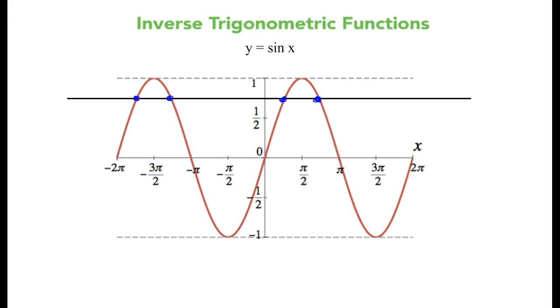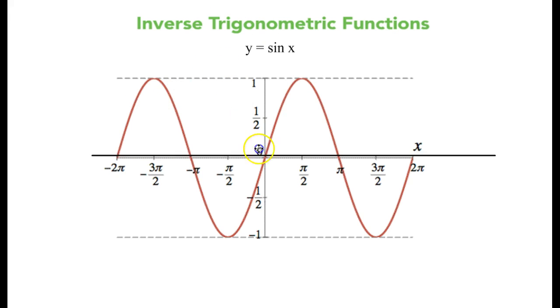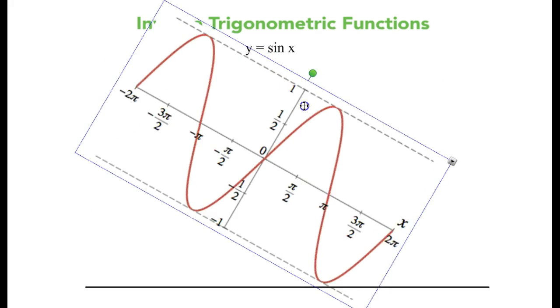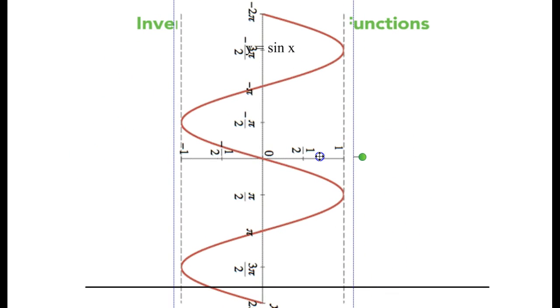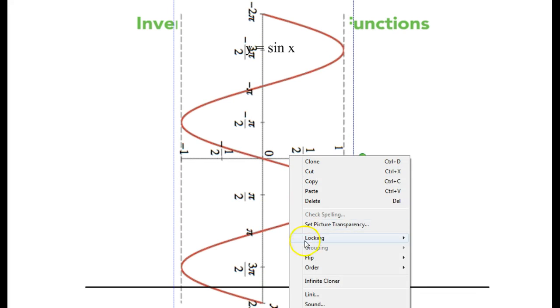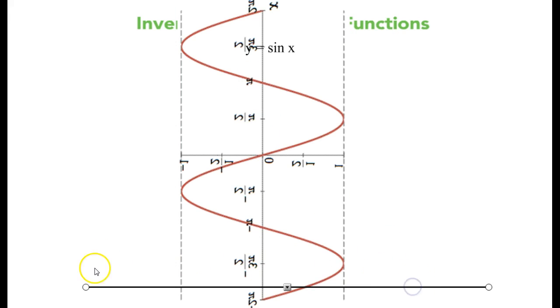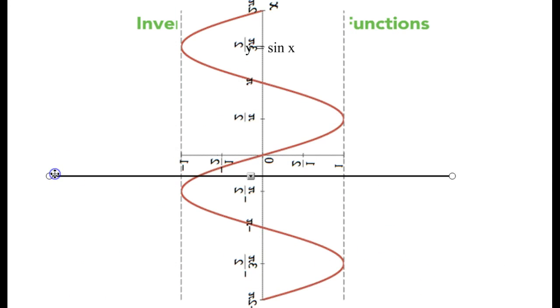If you also recall, what we do to find inverse functions, when they do have one, is take the graph and flip it over the line y equals x, which basically rotates it 90 degrees and then flips it horizontally. If we take this, rotate it 90 degrees, and flip it horizontally, we get something that there's absolutely no way could pass the vertical line test.